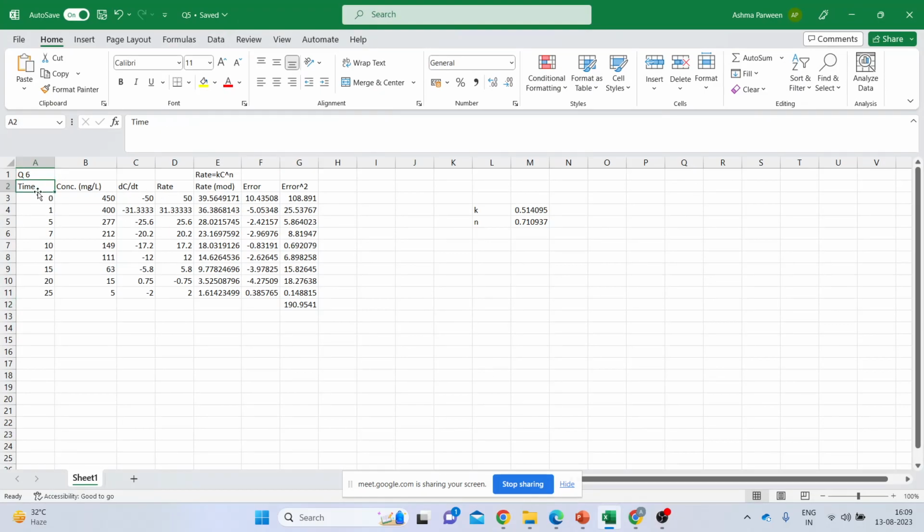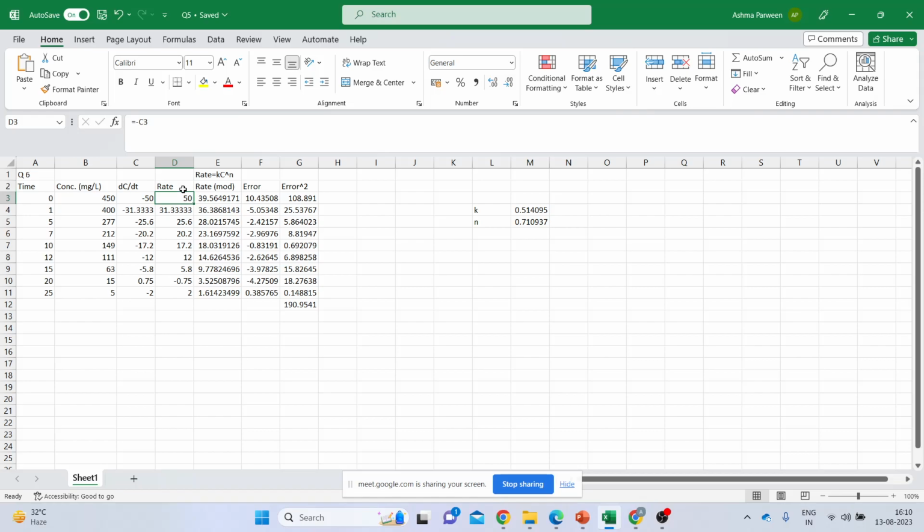We have been given the time and the concentration of the reactant in milligrams per liter. First we will find out the rate, that is dC by dt, by using the central difference formula. But for the first and last values we cannot use central, so we will use the forward and backward difference formulas. We will find out the change dC by dt, then we will find out the rate.